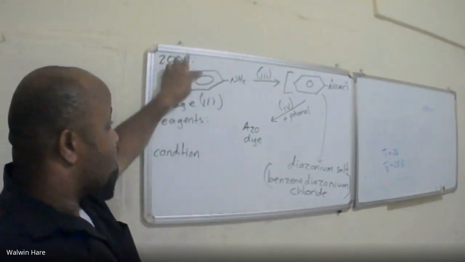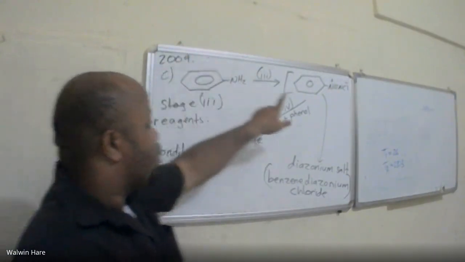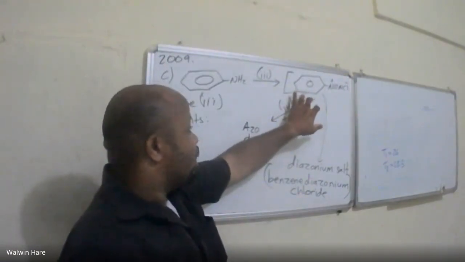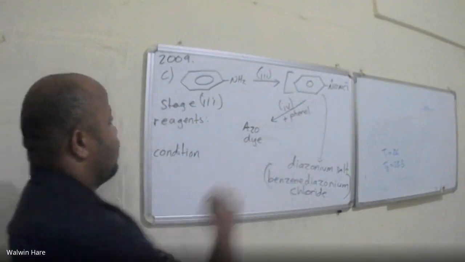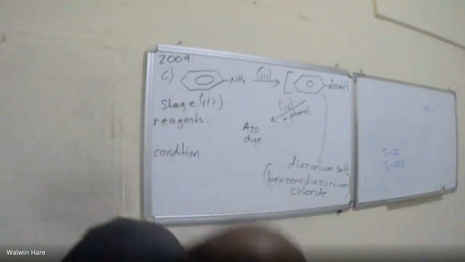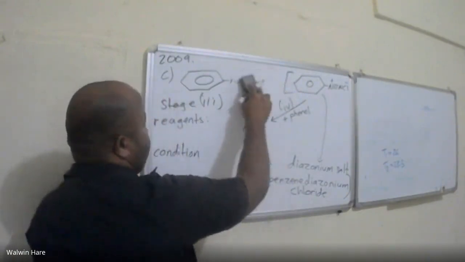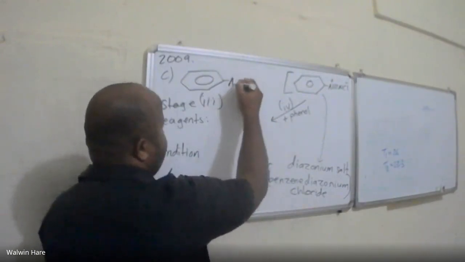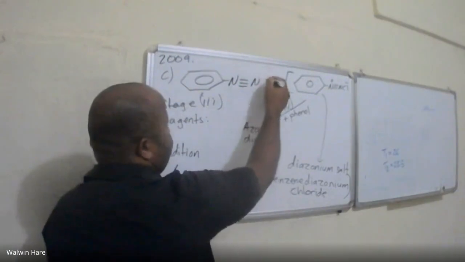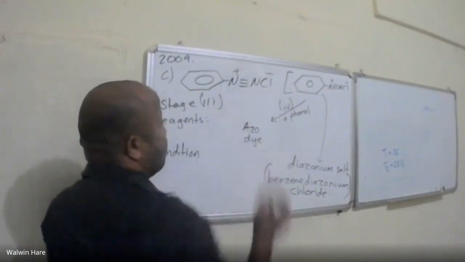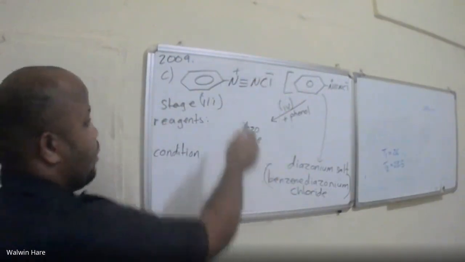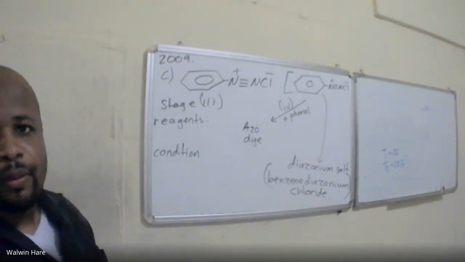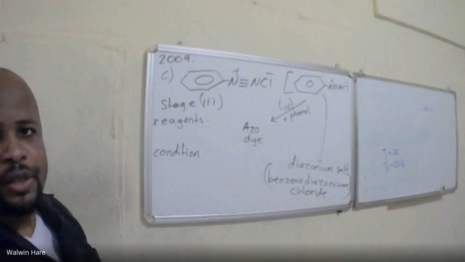Sorry, so we have phenylamine and the intermediate Y. For intermediate Y, it's nitrogen, triple bond, nitrogen Cl, right? This is compound Y. You can see it? All right.